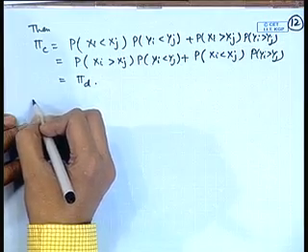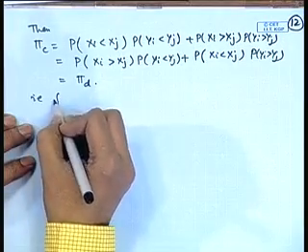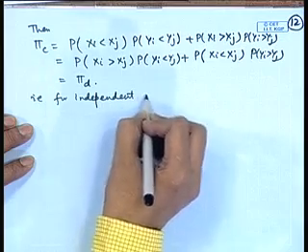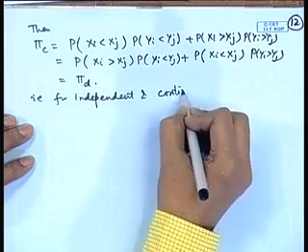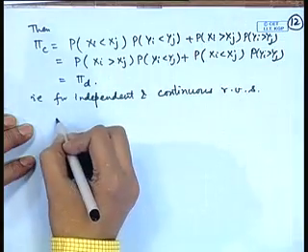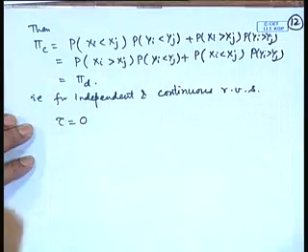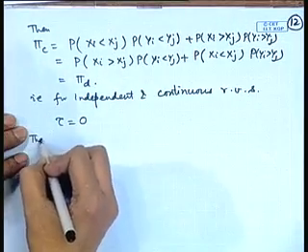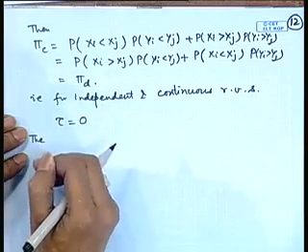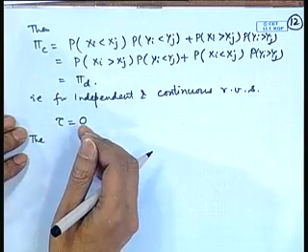So, that is for independent and continuous random variables, tau is equal to 0. Like in the Karl-Pearson correlation coefficient, for independent random variables the Karl-Pearson correlation coefficient was 0.